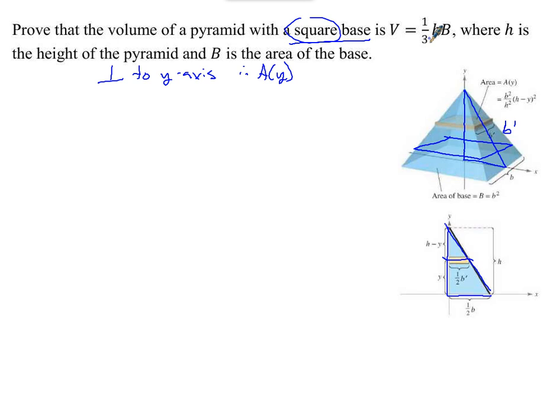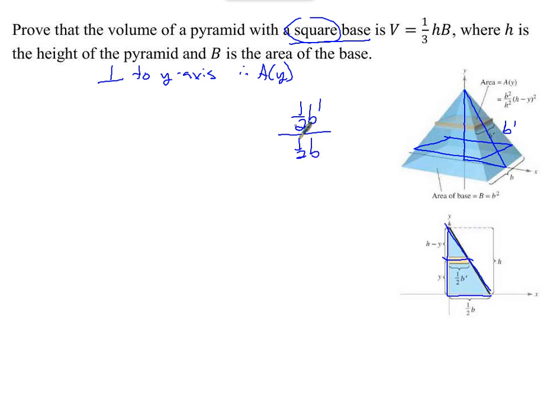To do that, we're comparing corresponding sides. I need to compare this b prime thing. One half b prime, which is this length, compared to this length, which is 1/2 b.